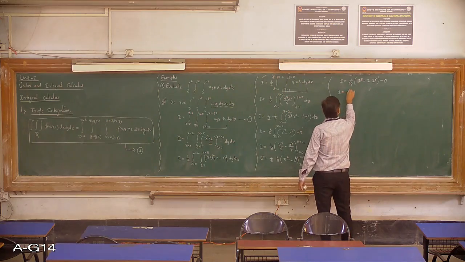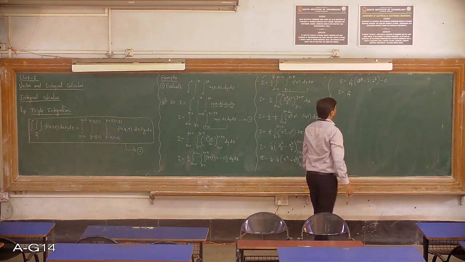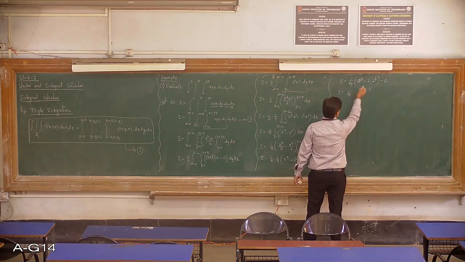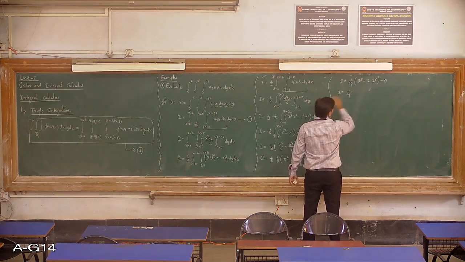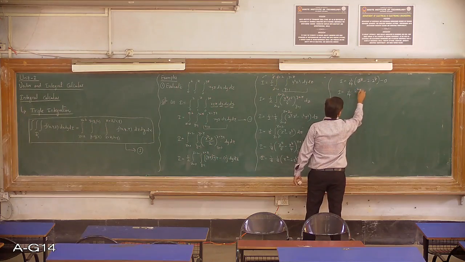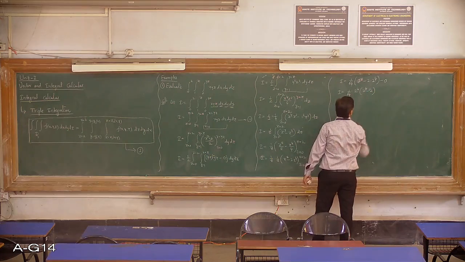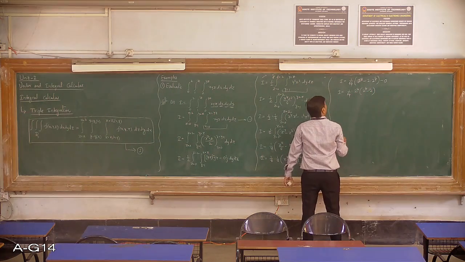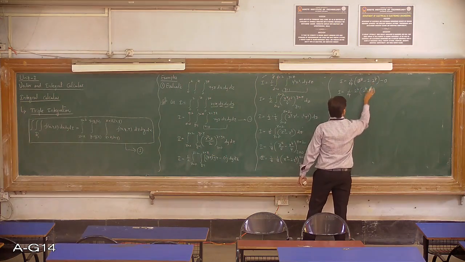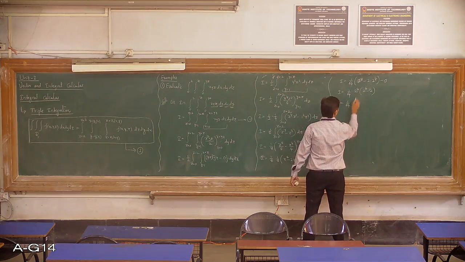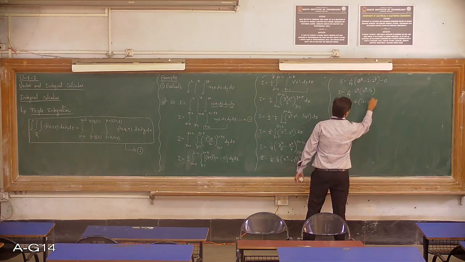So I equals one by 64 into 2 raised to 8. Instead of that we can take 2 raised to 4 common. Then here you will get 2 raised to 4 minus 2. Then I equals one by 64 into 2 raised to 4 is 16, into 16 minus 2.